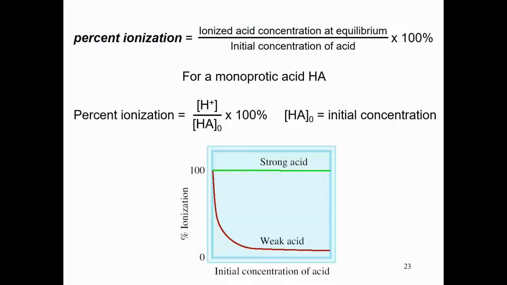That's also what you're going to do in the lab. You're going to take a more concentrated solution and a less concentrated solution, and you're going to verify the percent ionization follows this trend for a weak acid. A strong acid obviously would be 100% ionization all the time.